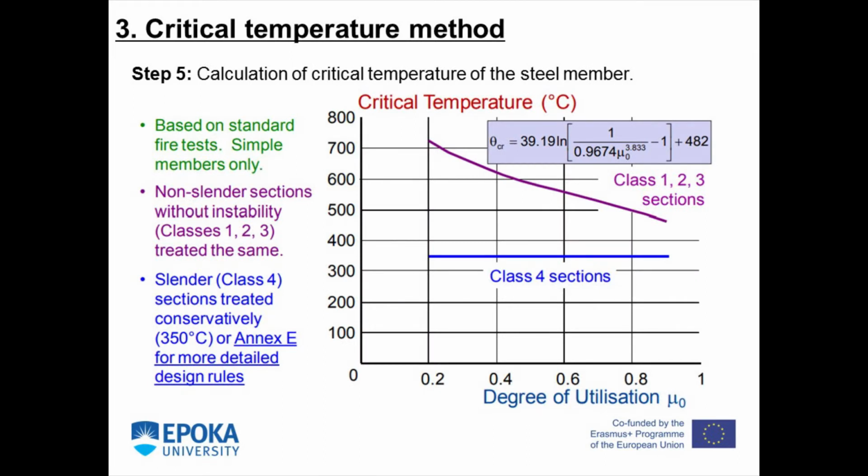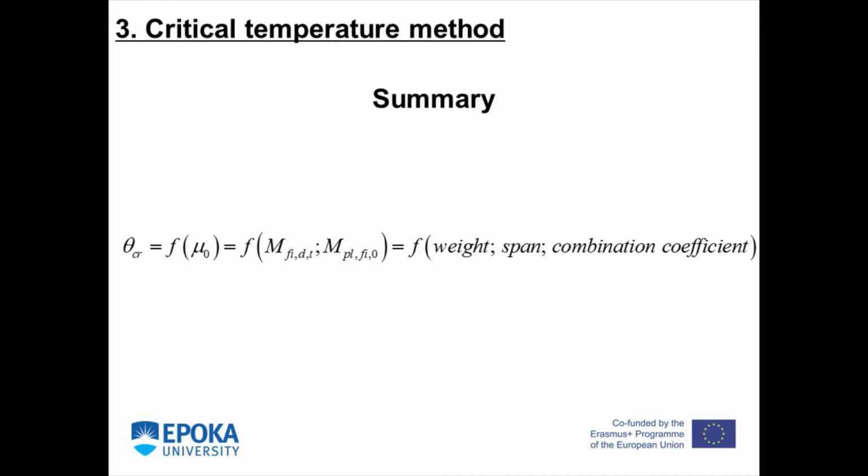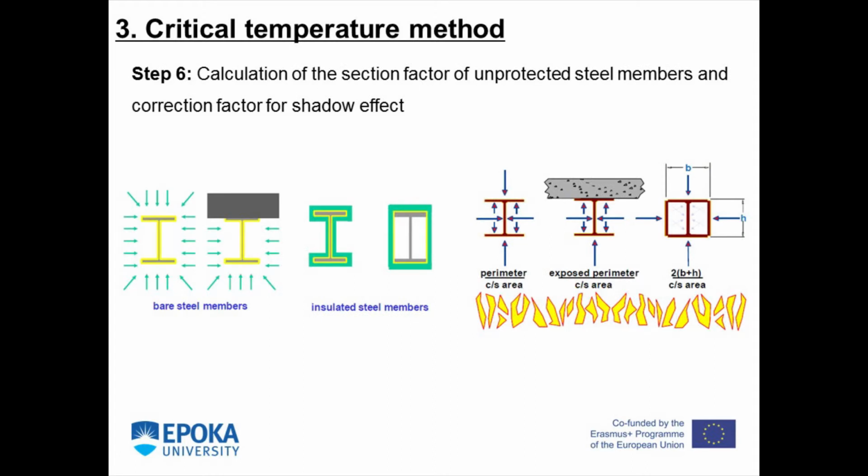Calculation of critical temperature of steel members. In summary, the critical temperature is a function of span, self-weight, and combination coefficient.